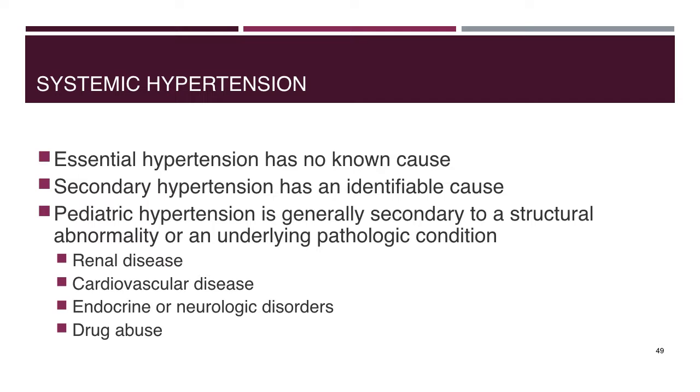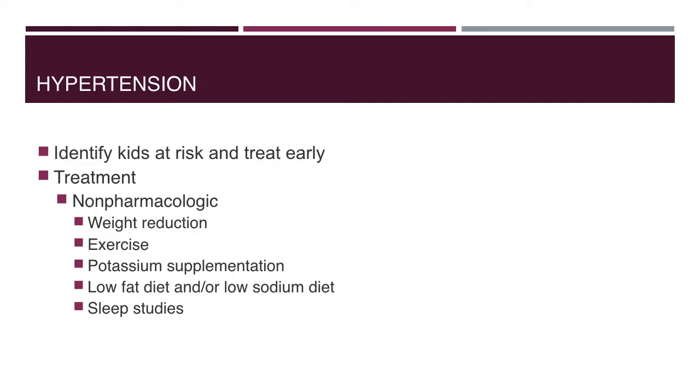Pediatric hypertension is generally secondary to a structural abnormality or an underlying pathologic condition like renal disease, cardiovascular disease, endocrine or neurologic disorders, or drug abuse. And we see the drug abuse in older children. So with the hypertension, we want to identify kids that are at risk and treat it early.